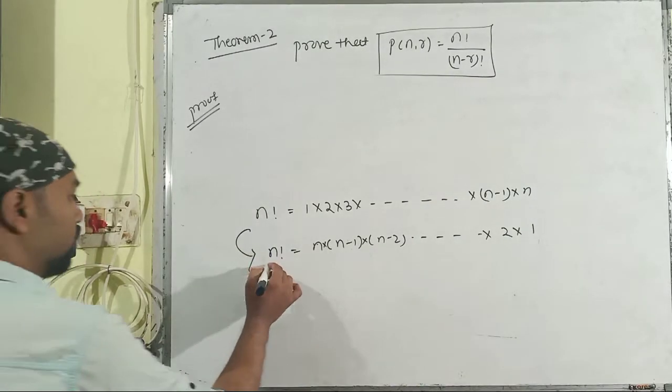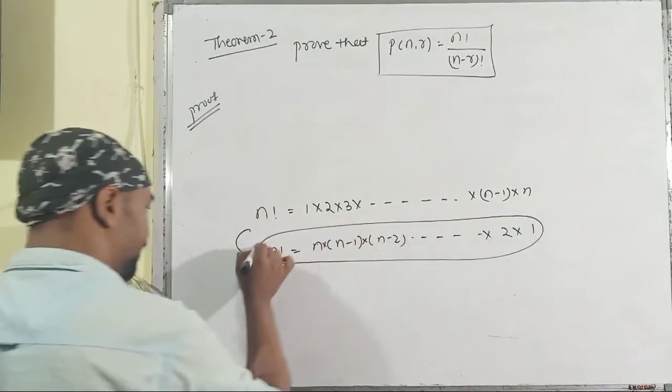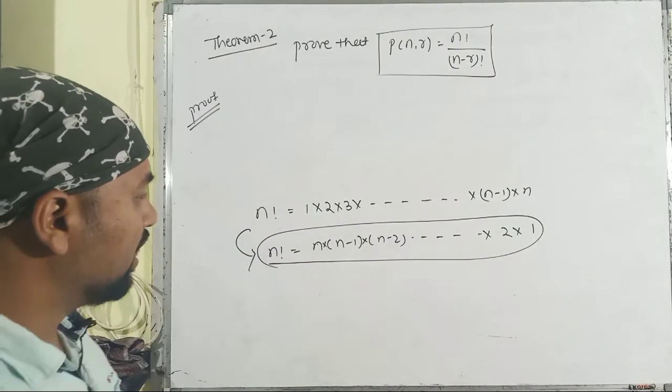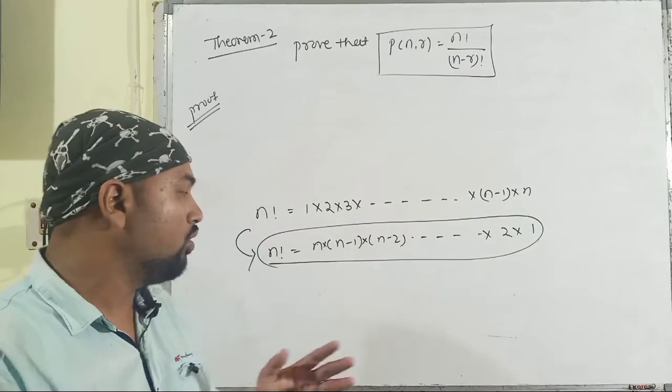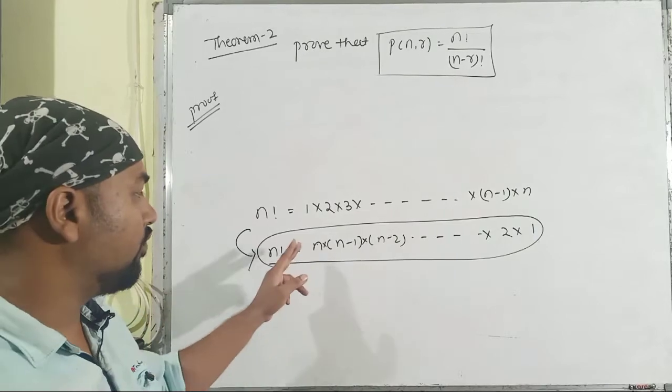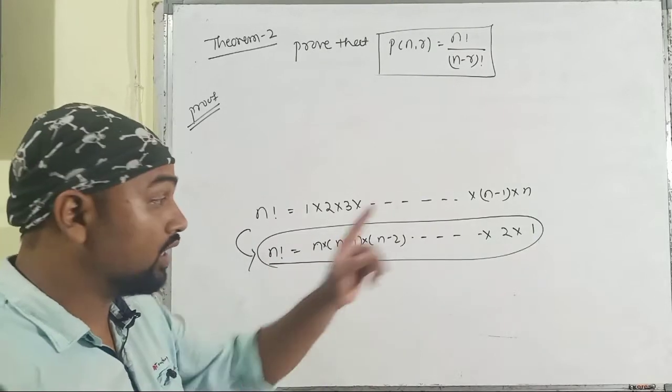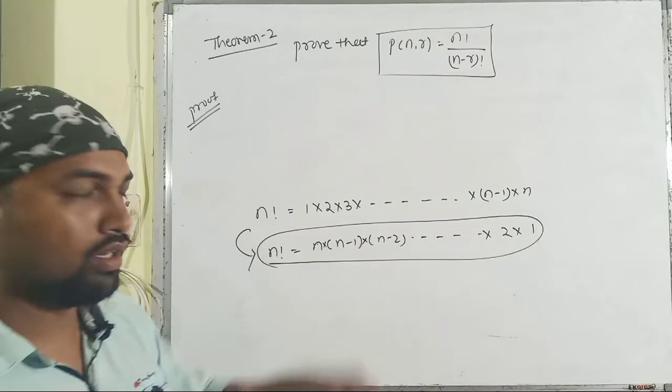And we have to use this decreasing order. That means we have to find the continued product of n number of objects starting from 1 up to that number.